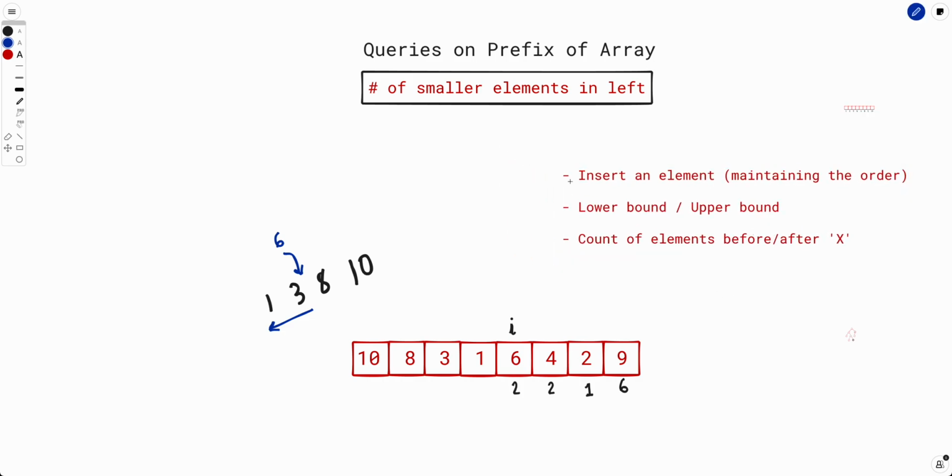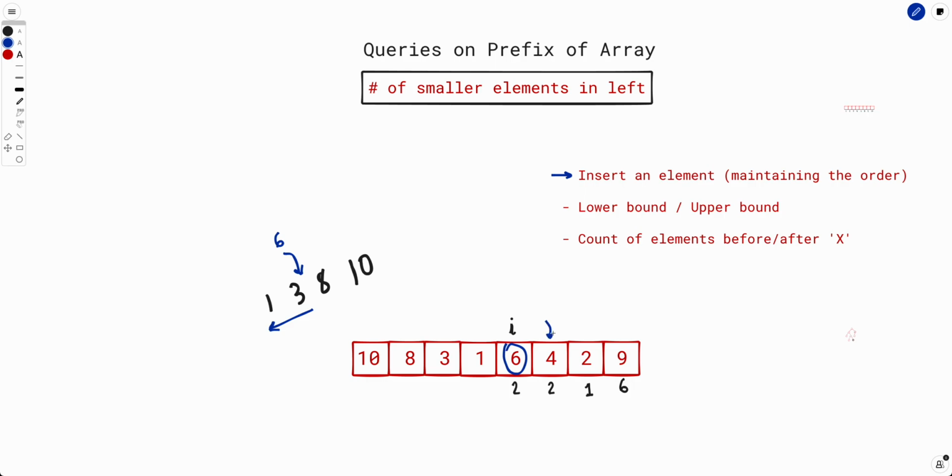So you need your data structure to insert an element while keeping the order sorted, right? Let's say you figured out the answer for I. Now you are trying to figure out the answer for the next index, right?